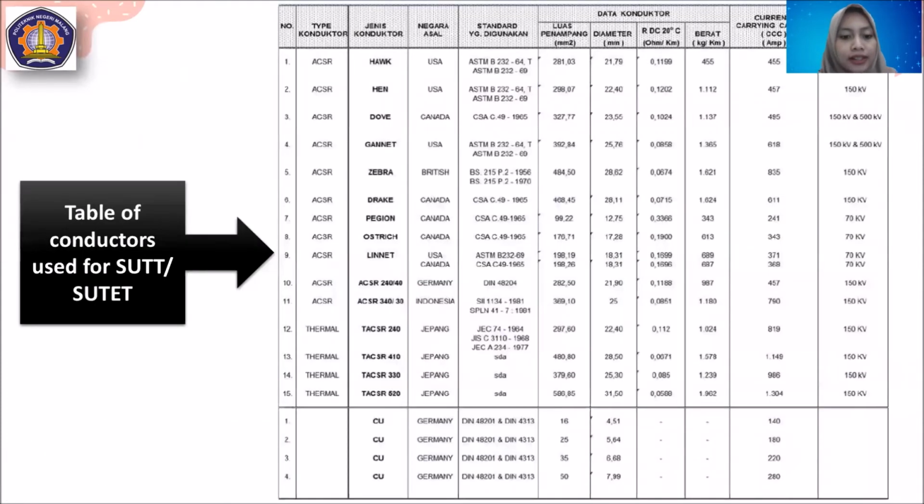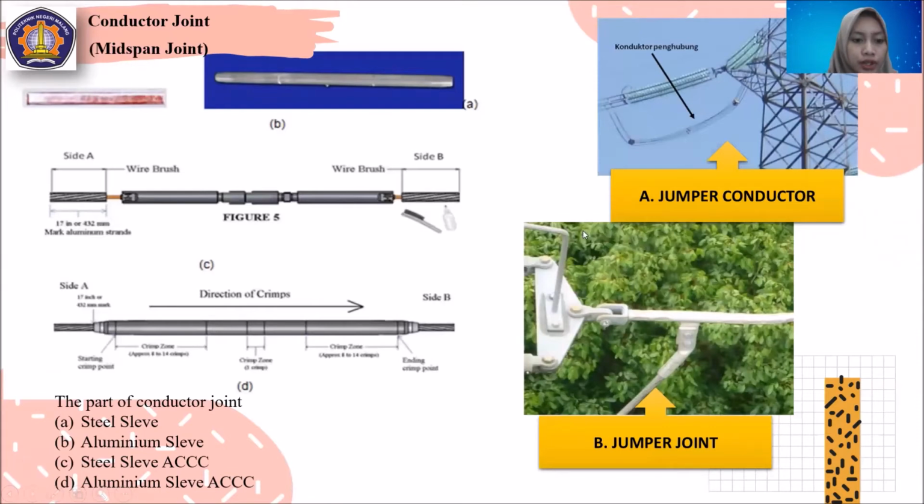And then this is a table of conductors used for SUTT or SUTET. It can be seen that the use of conductor also adjusts to the voltage. This is the column for the description of conductor type, and this is the column of voltage variation. Next, conductor joint.